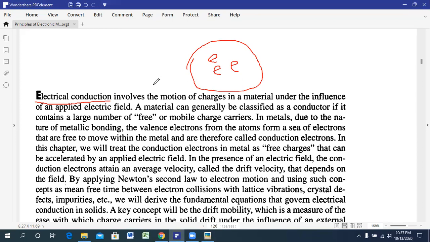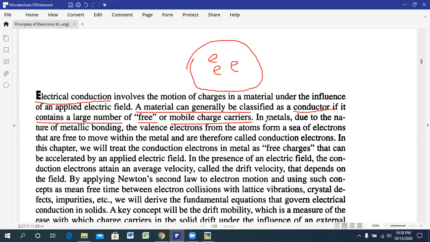Now a material is generally classified as a conductor if it contains a large number of free or mobile charge carriers. That means a material is to be called a conductor only if it contains a large number of free or mobile charge carriers.